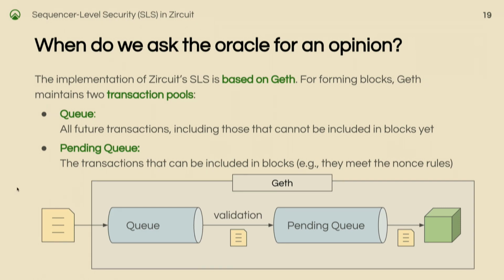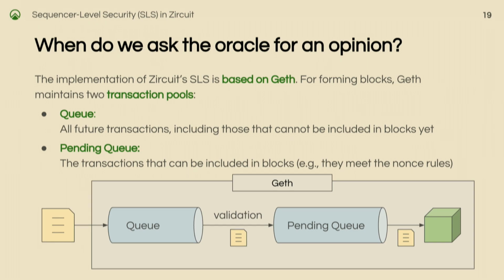But the bottom line is, I have a transaction, and it goes into what I call queue. All the transactions that are valid, with proper payload that belong to the proper chain, will be placed in this queue. But the fact that I have received a transaction doesn't mean that this transaction is ready for block inclusion just yet.